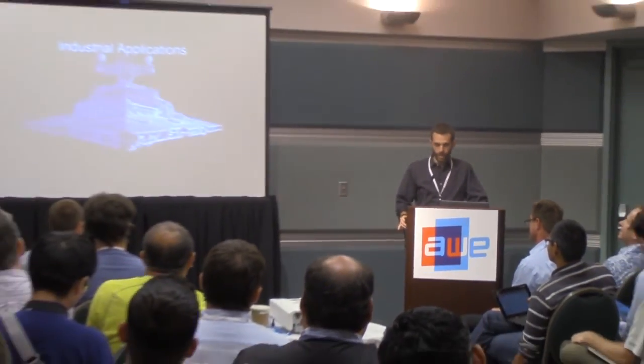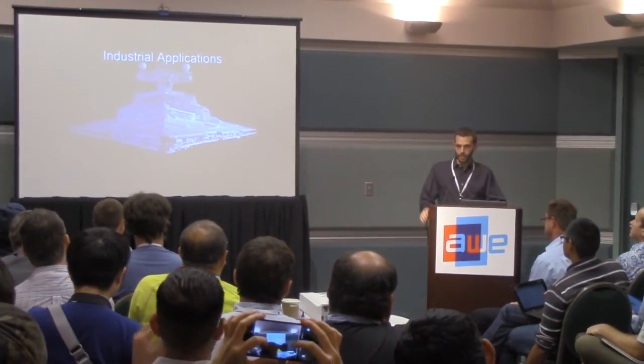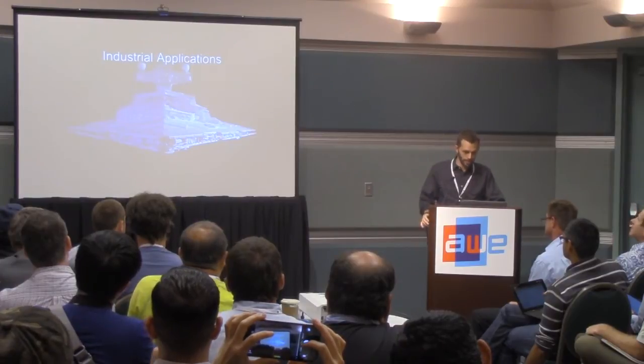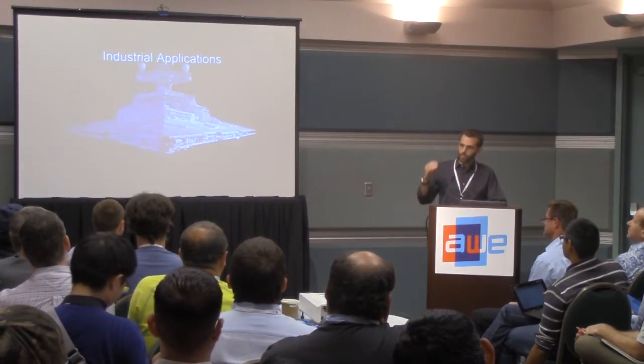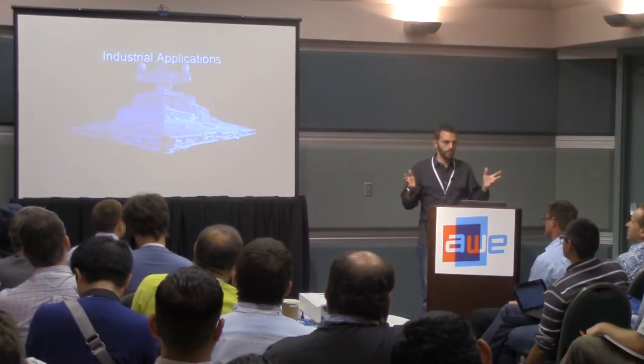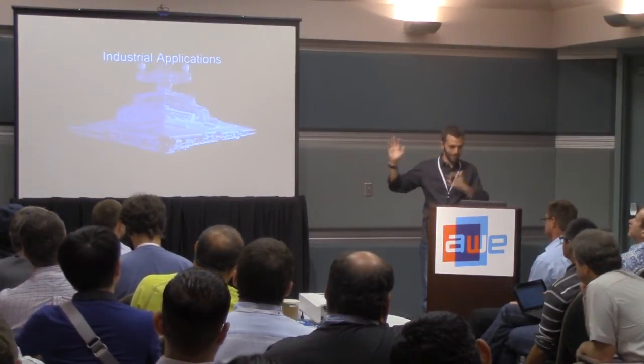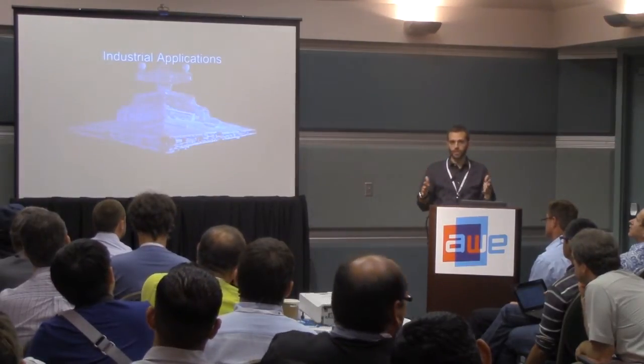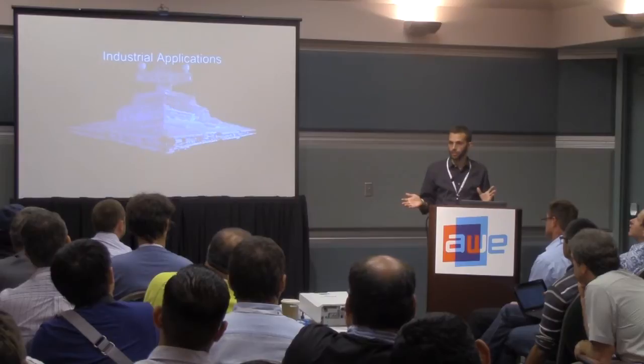The second one is industrial application. So let's place yourselves as a field technician inside the Star Destroyer. Bear in mind that you are in a war, okay, and you have to fix a piece of equipment. Now you have to do it fast, and you probably have a lot of engine parts in that Star Destroyer. So in order to be able to be in front of that piece of equipment, probably with the smart glasses or whatever in the Star Wars world, and see that piece of equipment, you need to first search a very large data set of engine parts.